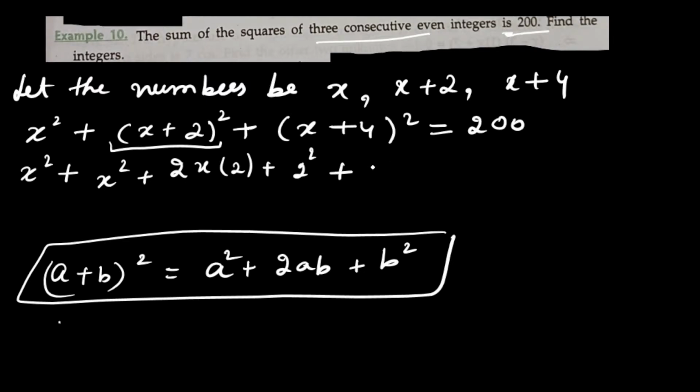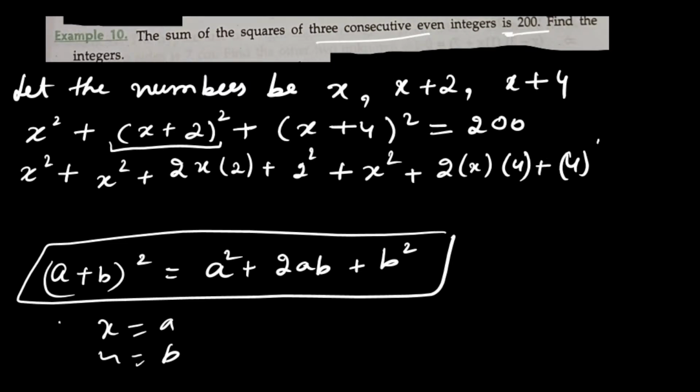Similarly for x plus 4, a is x and b is 4, so a square plus 2 into a into b plus b square is equal to 200.